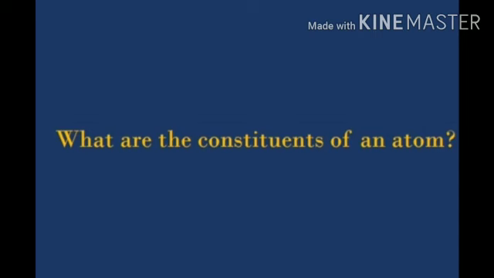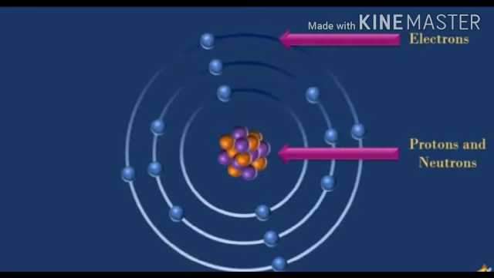Now let's see what are the constituents of an atom. So here you have a visualization of an atom in which you see in the middle protons and neutrons, and the ones which are orbiting are electrons.